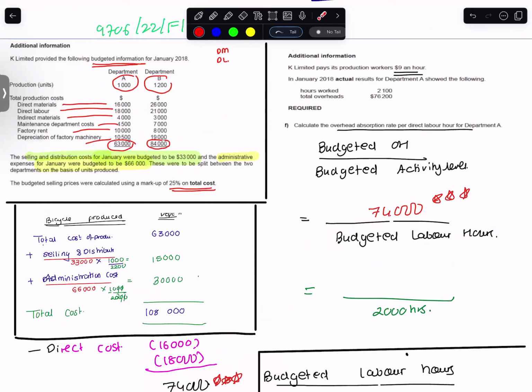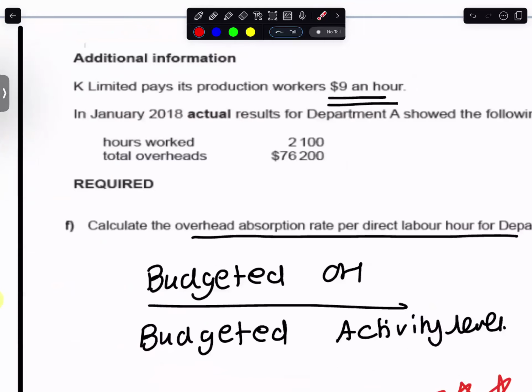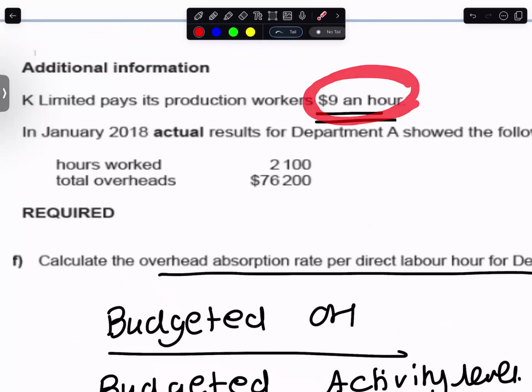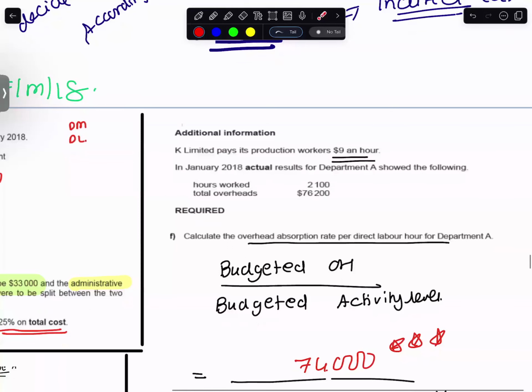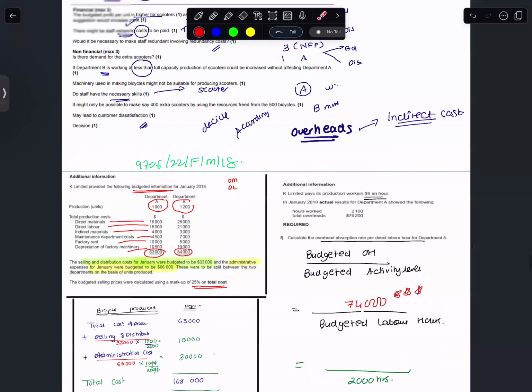They have given us information: production workers are paid $9 an hour. You can see this. Production workers are paid how much? $9 an hour. What is the direct labor cost? 18,000.